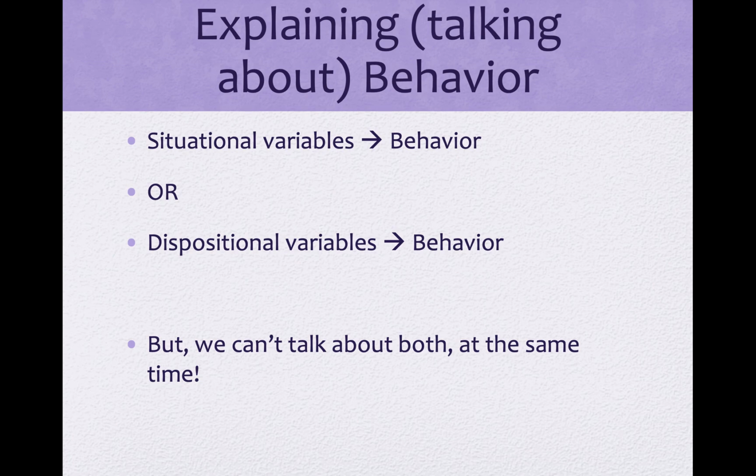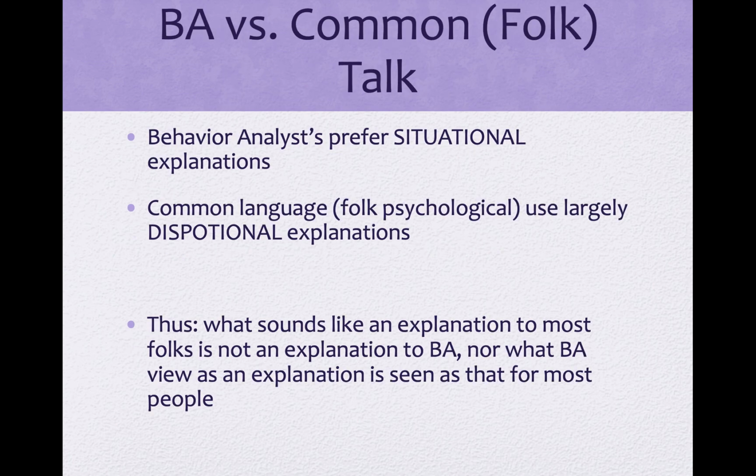So when we explain, talk about, or describe behavior, because behavior is our subject matter, we explain it through either situational variables or dispositional variables, even though we know that both of them affect behavior. We can't talk about both at the same time because it's a feature of our language, I believe.